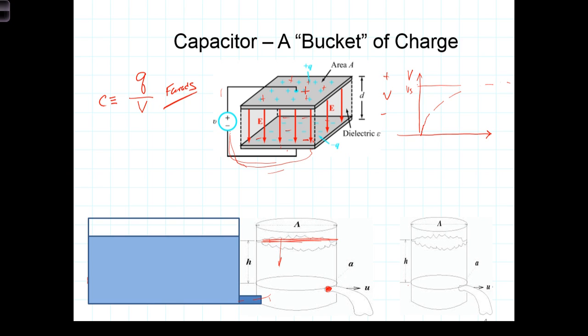We will add capacitance to circuits, and we will use capacitance in our lab this week to show how we can filter one frequency of signal from another frequency of signal, or that we can remove signals from an overall signal and leave behind the signals that we are interested in.